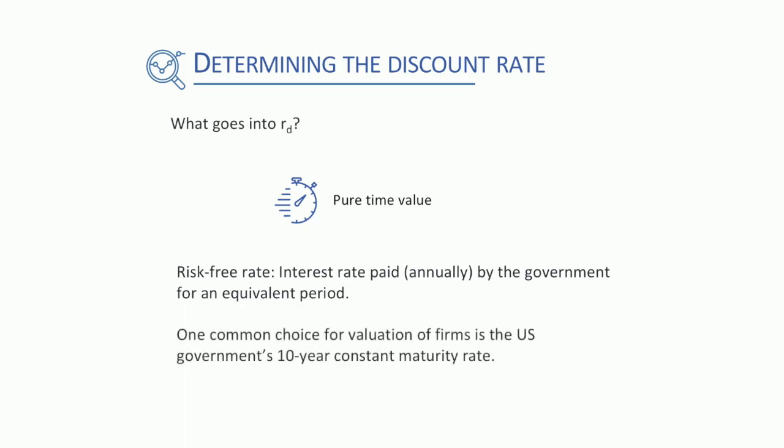A very common choice is to use the government's 10-year constant maturity interest rate. So what does that mean? If I have a project that lasts for 20 years, on average, I'm going to be waiting 10 years to receive those cash flows. And that's the intuition for us using the US government's 10-year rates.